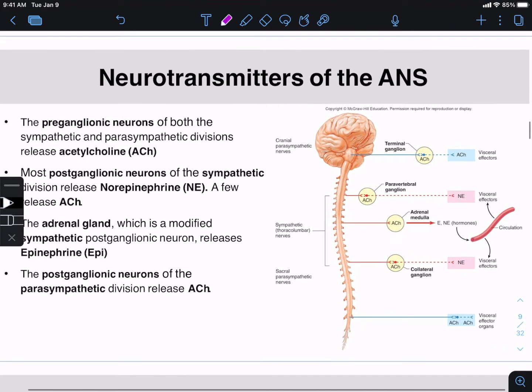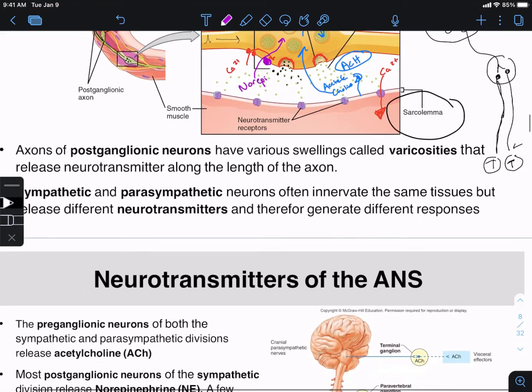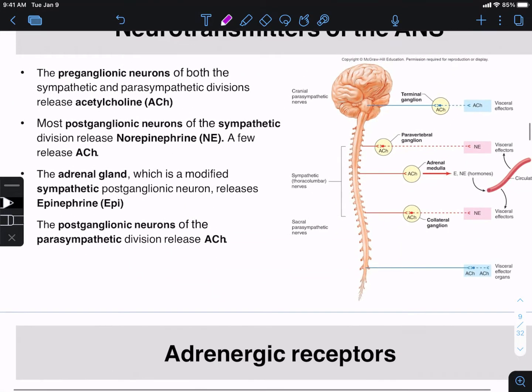And that actually brings us to this part right here. So the neurotransmitter that I was showing you up here in this picture is actually shown here.